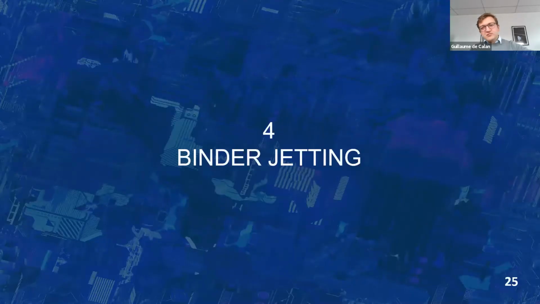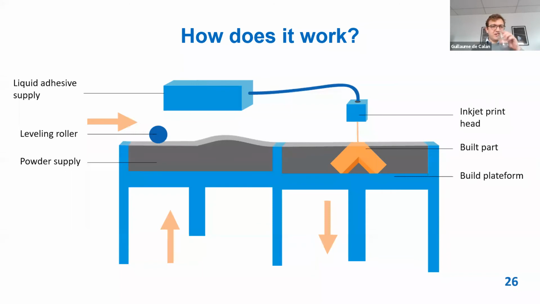So let's start with probably the most well-known MIM-based technology, which is binder jetting. So how does it work? You'll notice that the schematic looks a lot like the one from selective laser melting. It was quite easy to draw for our marketing manager.